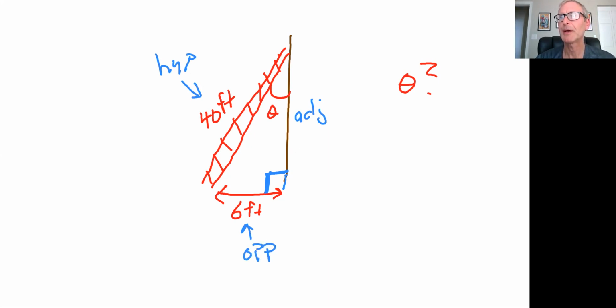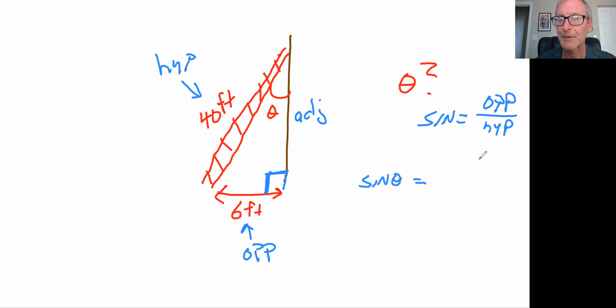The two sides that we are given are the hypotenuse, which is 40 feet, and the opposite, which is 6 feet. So what do you think is the right trig function to use? Sine, because remember, sine is opposite over hypotenuse. When you set this up, sine of our angle is going to equal 6 divided by 40.